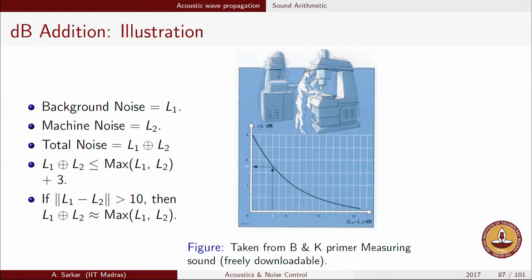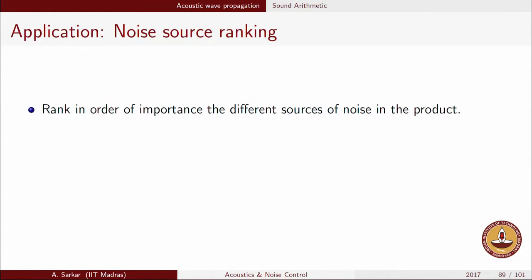That is why noise source ranking is very important for the life of an NVH engineer. So, usually for any machine, let us say something like a vehicle or even something like an air conditioning example, you will have lots of components which are potential noisemakers.